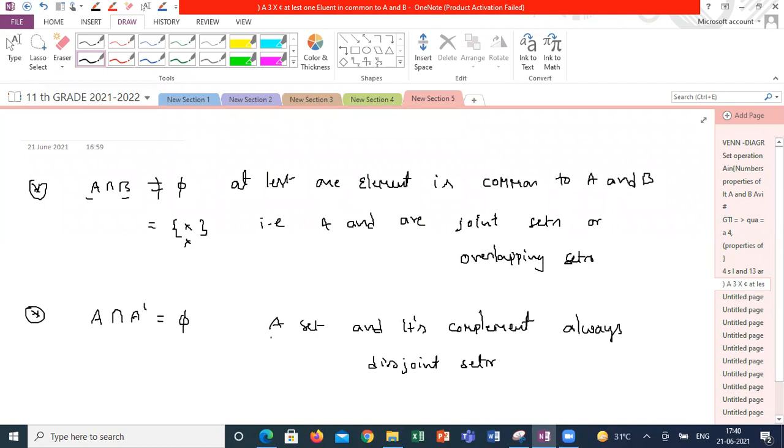The meaning of complement is all the elements not available in that set. So set A is a set and its complement is set A dash. At least one element of A won't come in A dash. So according to the previous statement, if two sets are disjoint, then the intersection of the two sets is a null set.